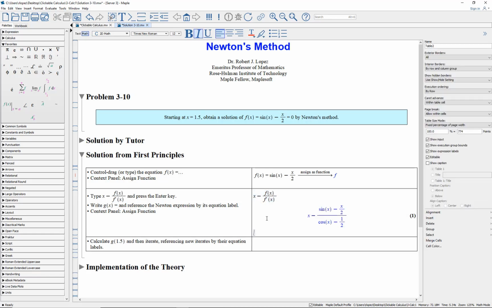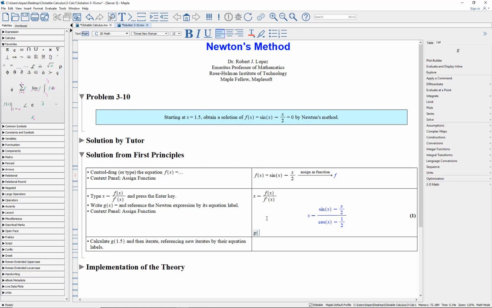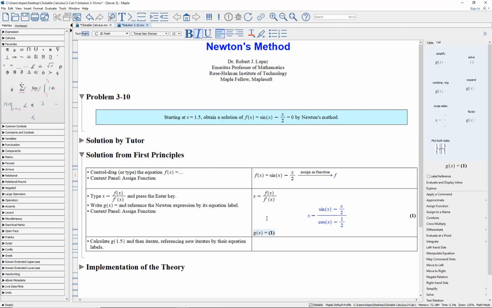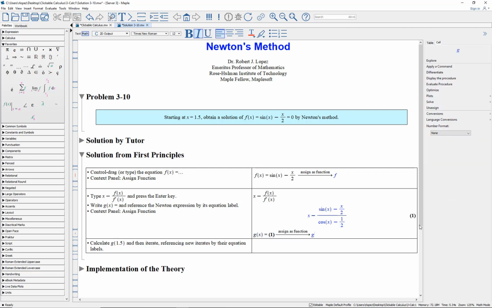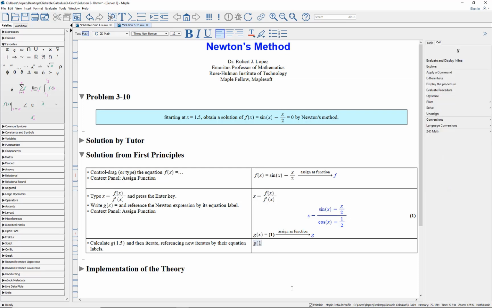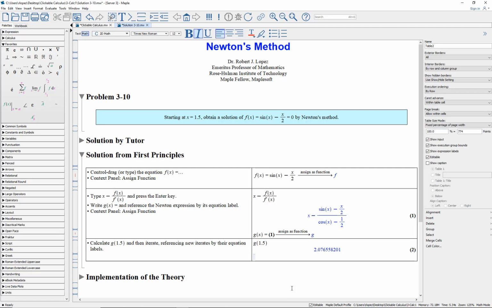This is the expression we want to make into the iteration function. G of x equals, let's use the equation label for that, and a sine function. Okay, the iterations start at 1.5. So what is g of 1.5? It's that number. We want to apply g to that next.